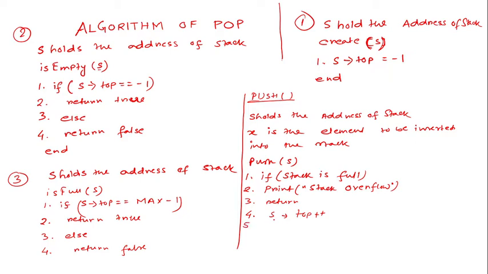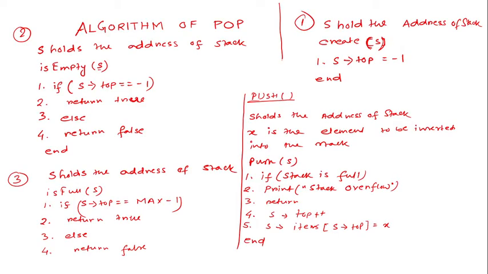Number 5, S arrow items, S arrow top is equal to X. Okay, so here the item, whatever the item you want to store, so I am writing down that item. So S arrow items, S arrow top equal to X. That means the item can be stored at the top position of the stack. Okay, now end. Okay, so this is the push operation.